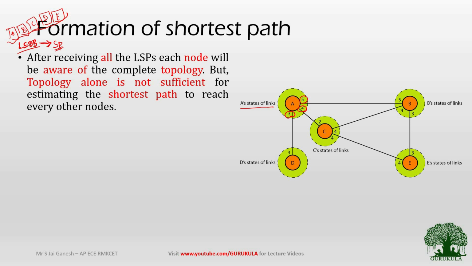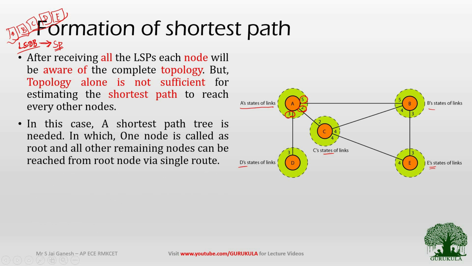Similarly, each and every node has just created the topology. Now it is not sufficient to create the shortest path tree, and also A does not know how to reach E, at least at this particular stage.